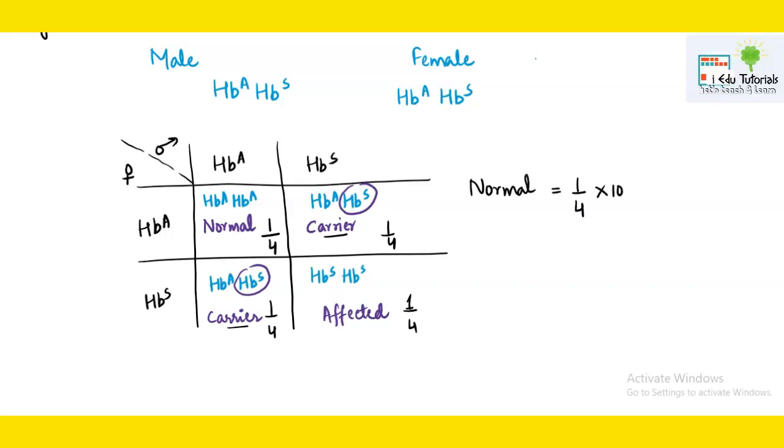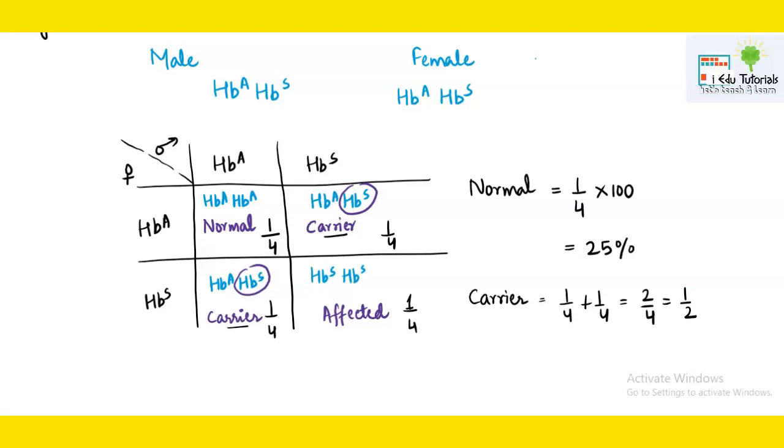However, if you want to calculate in percent, you need to multiply it by 100 and it will give you a probability of 25%. If you want to calculate the probability of carriers, it is 1 by 4 plus 1 by 4, that will give you 2 by 4. If you simplify, it will become 1 by 2.